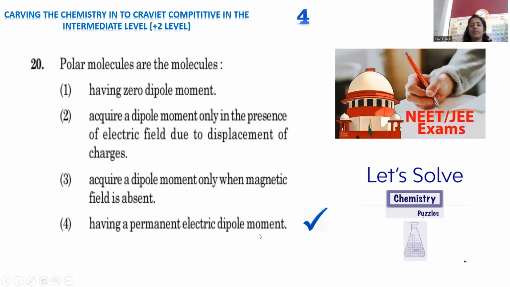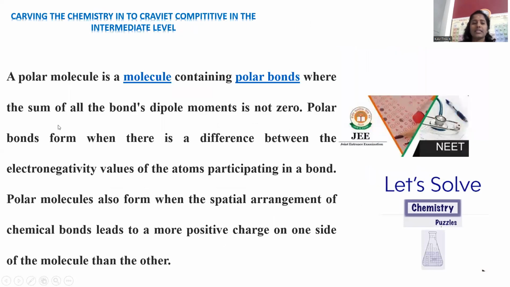Rather, it is a permanent electric dipole moment. Always a dipole moment is there. Dipole moment is calculated by charge times distance and measured in Debye units. A polar molecule always involves displacement of electrons towards the atom of higher electronegativity. That's the reason why they acquire a partial positive pole and a negative pole. Hence, they acquire a permanent electric dipole. The explanation is provided over here.